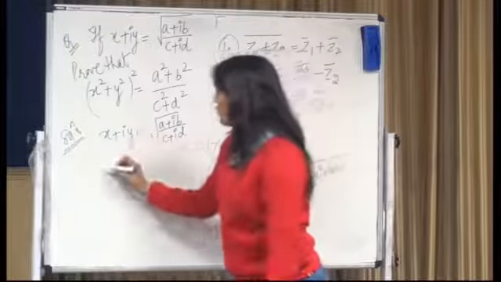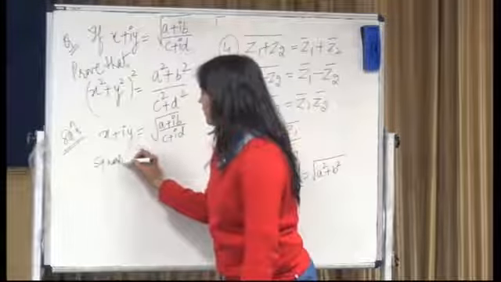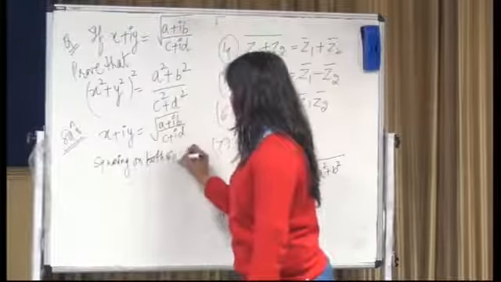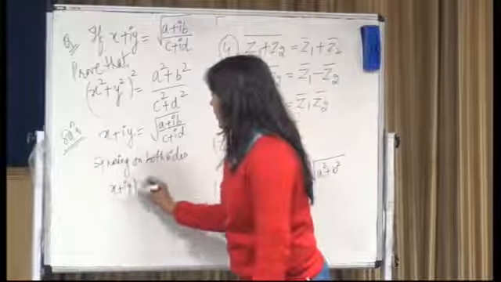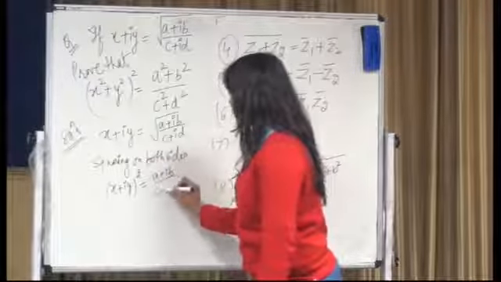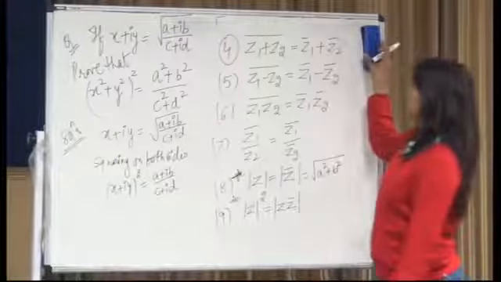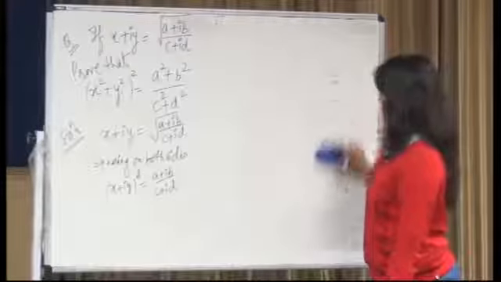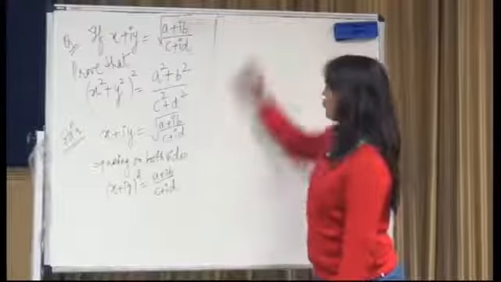Fine. So I think I will square first. Squaring on both sides, we get x plus iota y whole square. This is basically the squaring. Now what will I do? Let me write the conjugate.